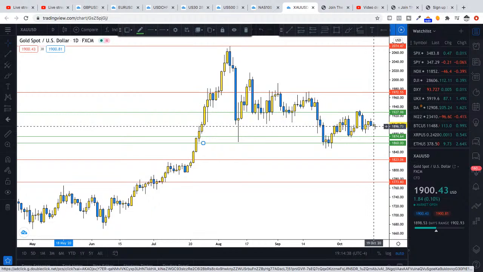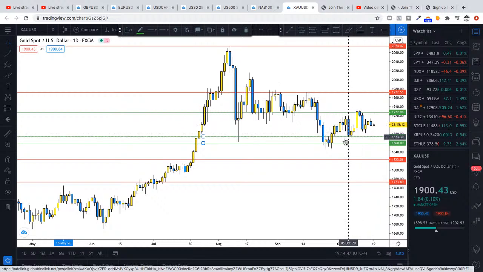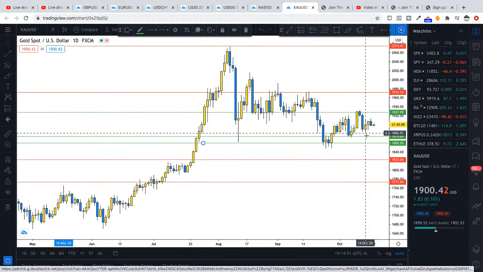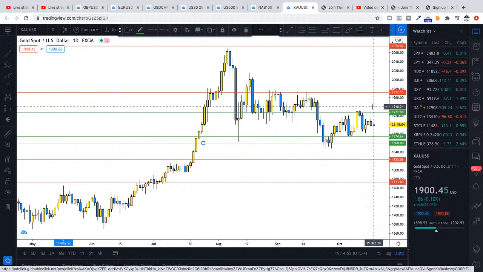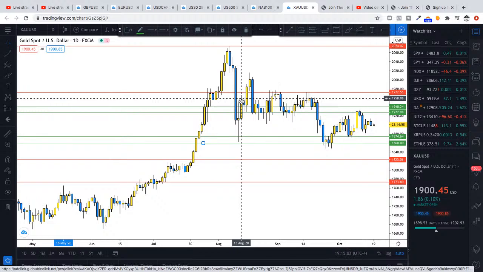Okay, so if this candle, here's what I'm saying. Higher high, higher low. Higher high, higher low. I'm thinking possibly a higher high here, into that zone.